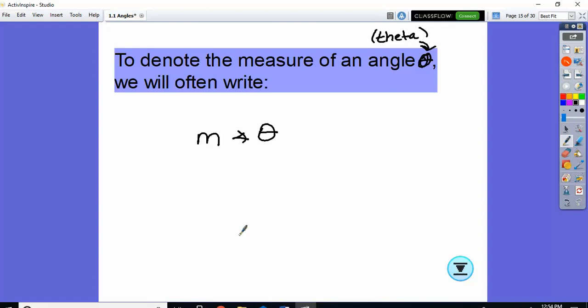Now, we can measure angles in degrees, but sometimes we need to be more accurate than that. If you ever look at a property description, like a legal description of a piece of property, and it tells you the location of that property, it doesn't just say 17 degrees north.